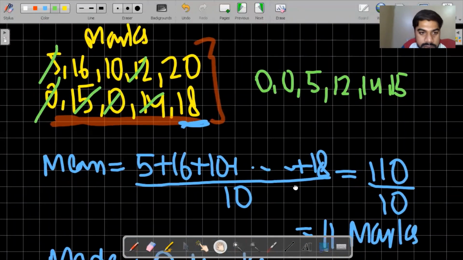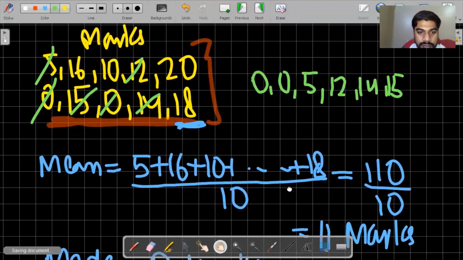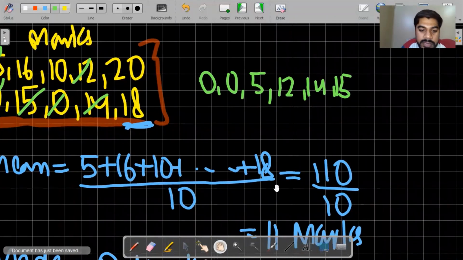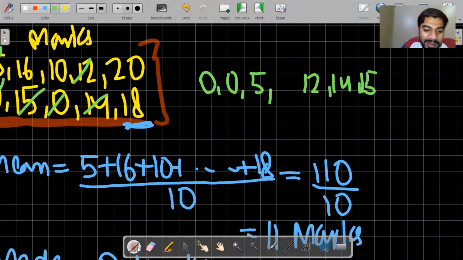I think I've missed a value. 0, 0, 5. I've missed 10. No problem, I have missed 10 here. Substitute 10 here. Yes, perfect. Now it is correct.